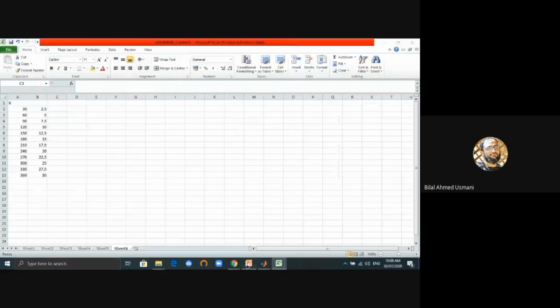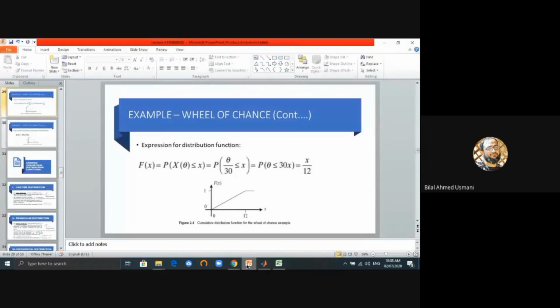It is saying that the probability of theta being less than or equal to 30x is x upon 12.